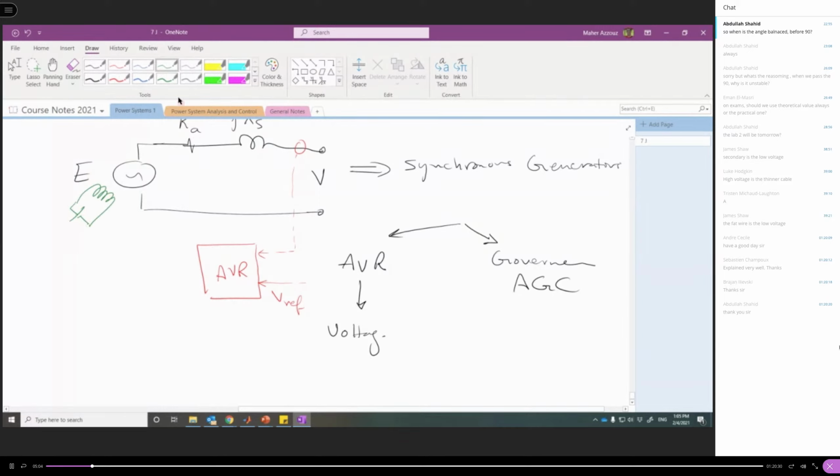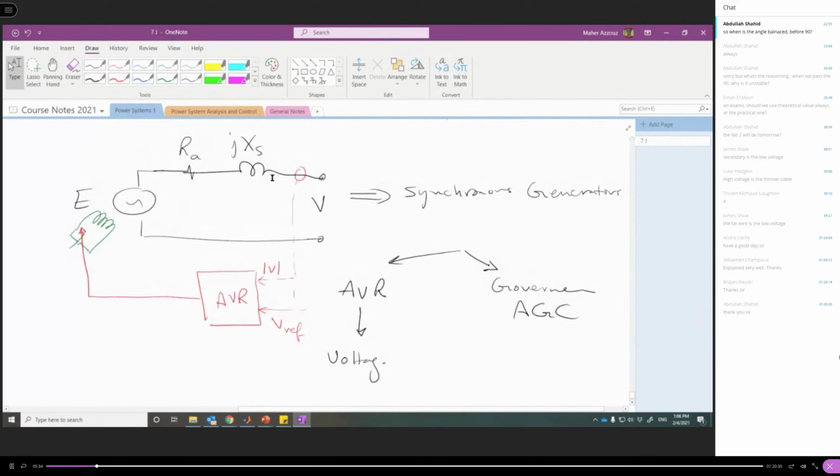This is the rotor winding. So the AVR controls this voltage. By increasing or decreasing the induced voltage E, we can regulate the magnitude of the voltage V. And by controlling this magnitude, we can control, of course, the reactive power from the machine. This is something that we talked about in the previous lecture. We called it the power factor control. So this is the first controller, the automatic voltage regulator.